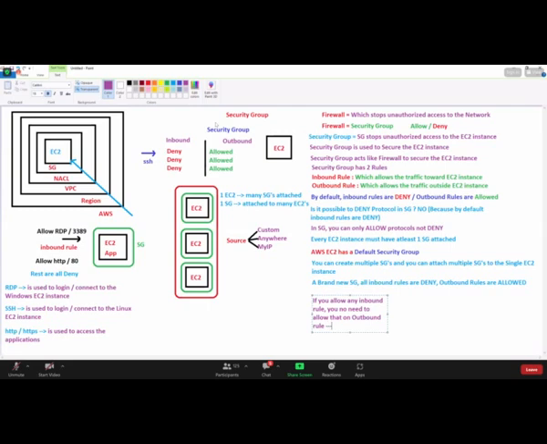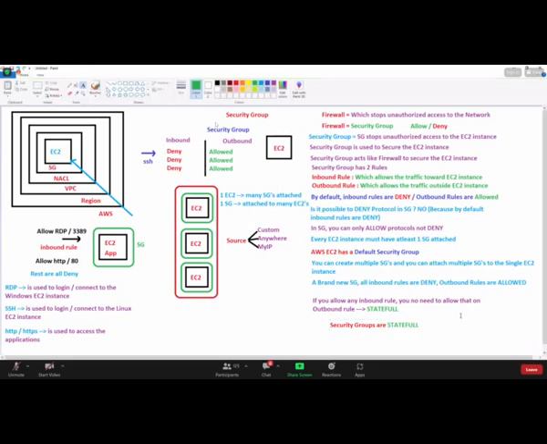So guys, this is called stateful. So our security groups are stateful. Certification question: security groups are stateful. So in a security group, if you allow any inbound rule, do you need to allow that on the outbound rule?